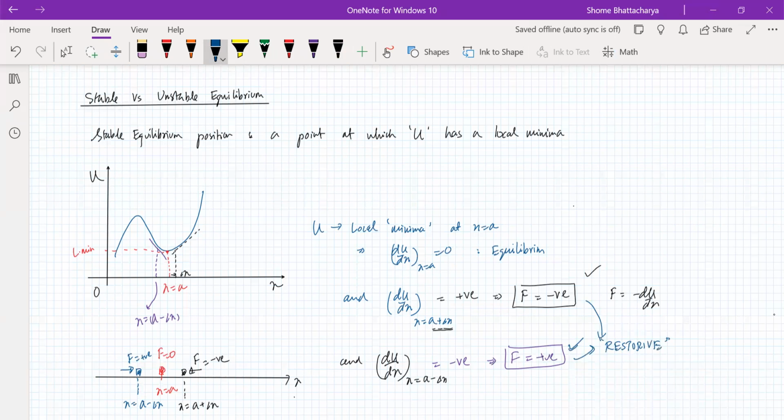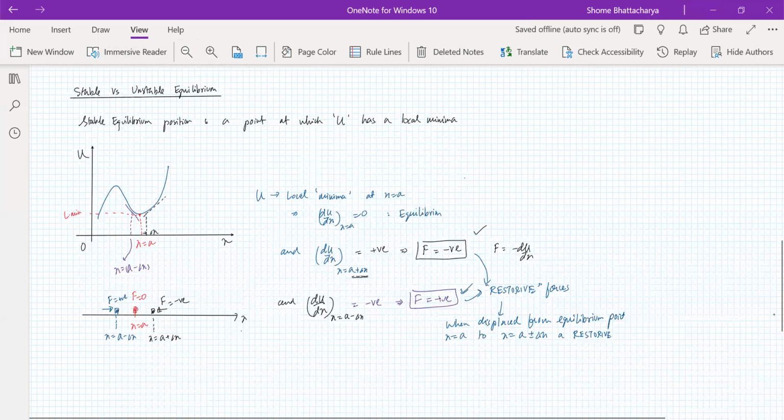It tries to restore the system. That is, when displaced from the equilibrium point, x equal to a, to x equal to a plus or minus delta x, a restorative force comes into action.